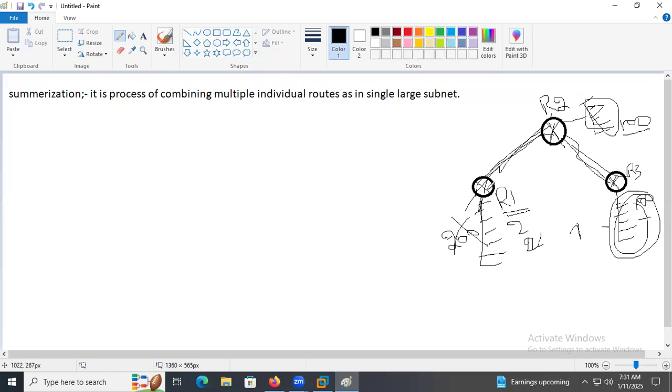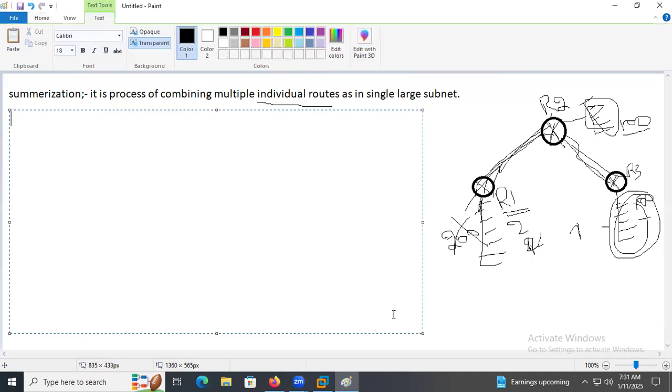With the 2 routes, I can reach all the 200 routes actually. So summarization is a process of combining multiple individual routes as a single large subnet. There are two types of summarization: auto summarization and manual summarization.